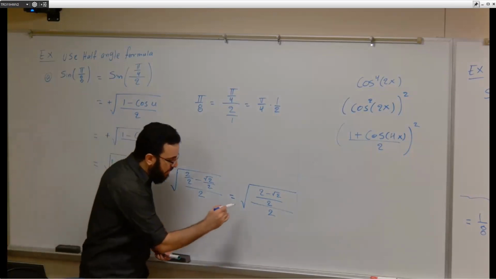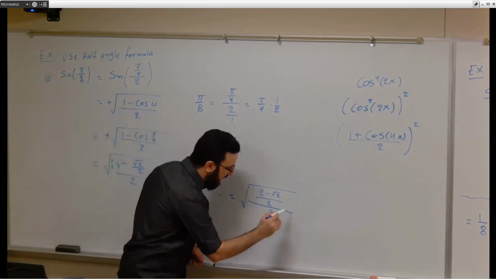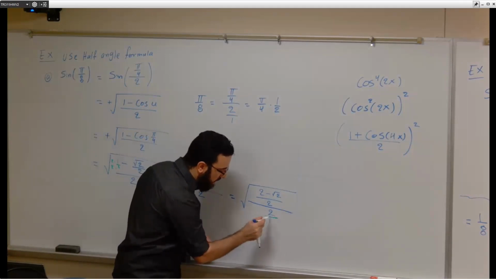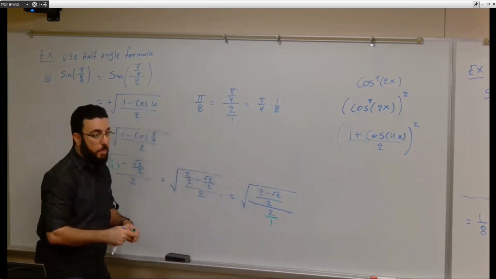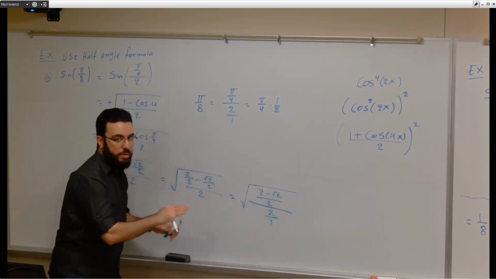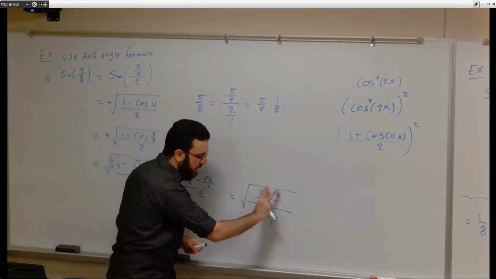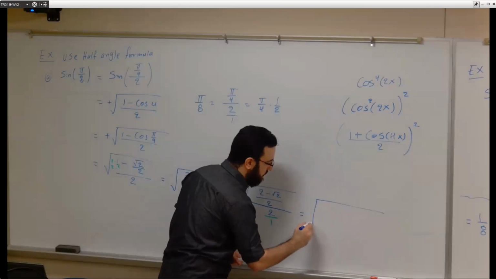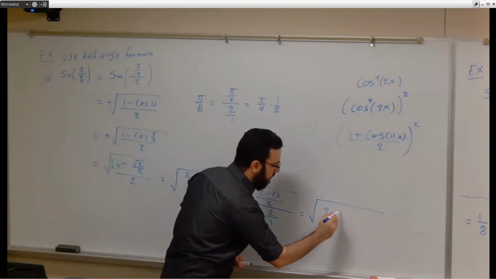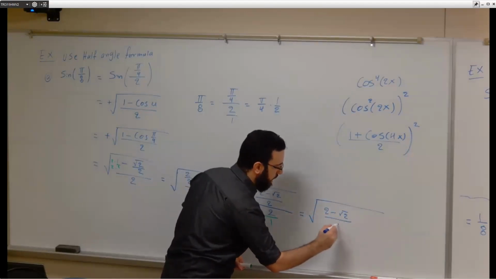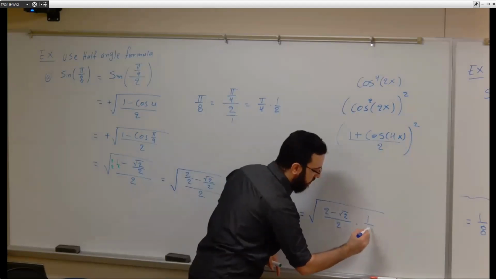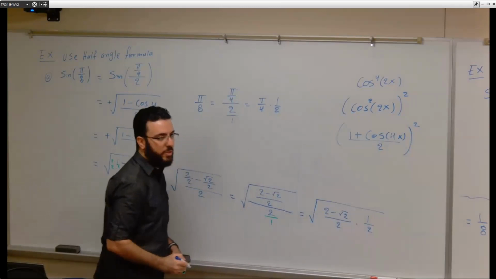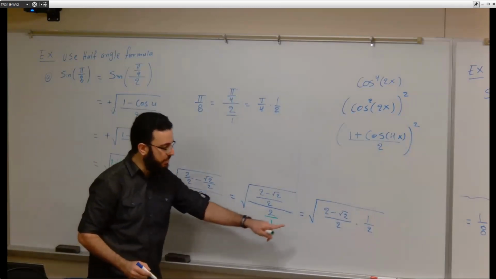This is division, right? Can I write down this over 1? I'm working under the root, so it's okay. I'm going to write down the top and flip the bottom part. So it's going to be 2 minus square root of 2 divided by 2 times what? 1 over 2. Now can I multiply 2 times 2?